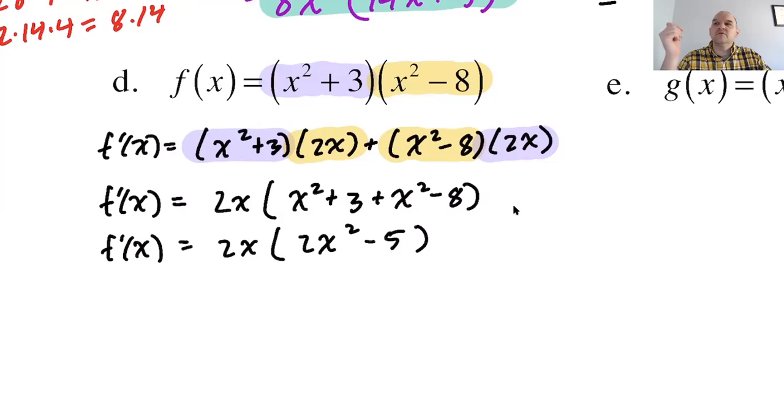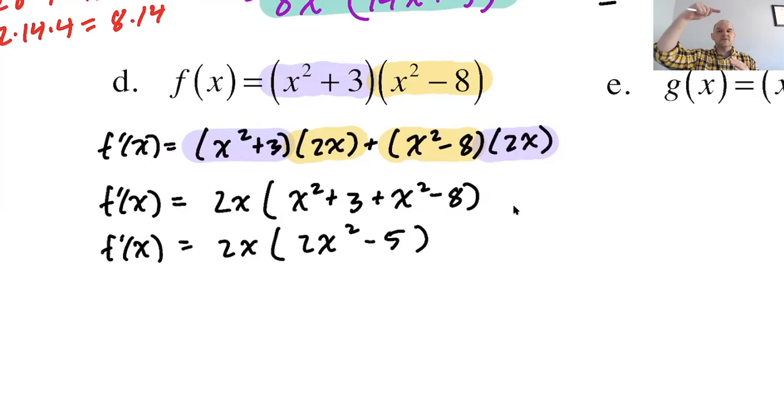Really interesting too: if two functions have the same derivative, what does that mean about them? They have the exact same basic shape. What you don't know is the y values. If two functions have the same exact derivative, the functions are just vertical shifts of each other, which is definitely the case here. x squared plus 3 is a quadratic with a y-intercept of 3. x squared minus 8 is the same quadratic, just with a y-intercept of negative 8.